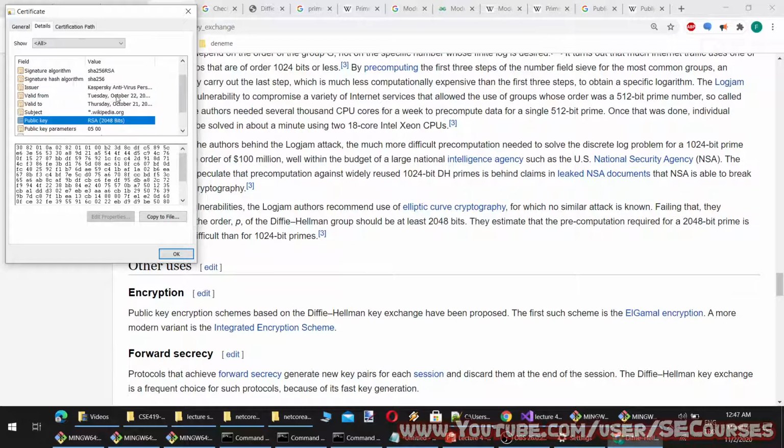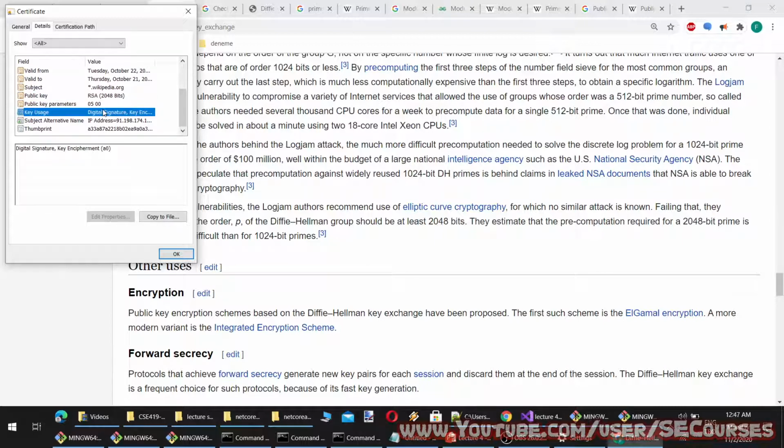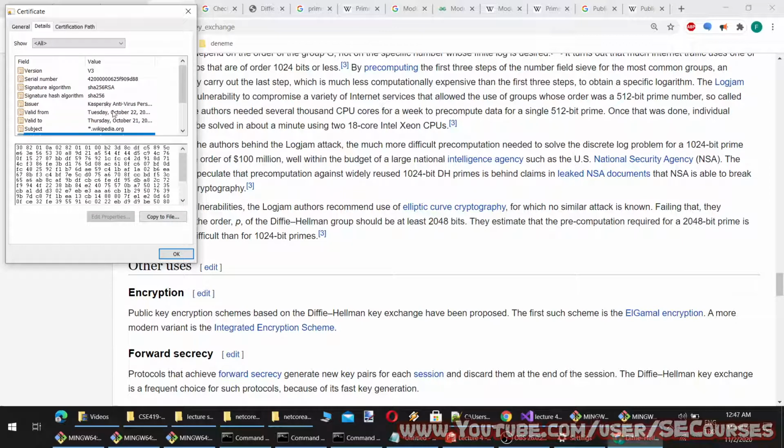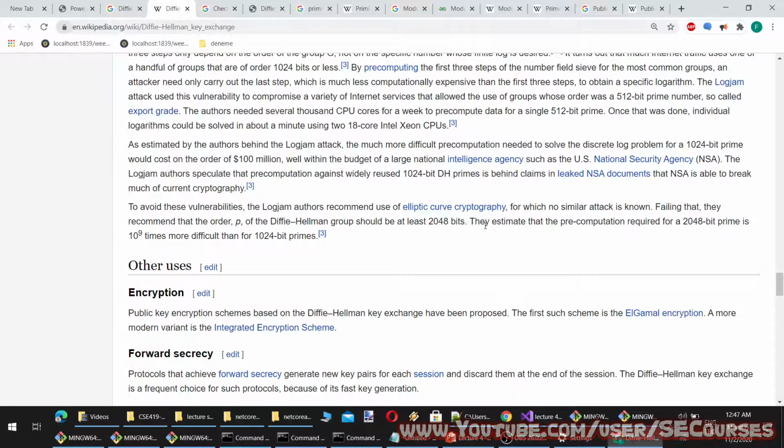Currently, my digital encryption is using 2048 bits public key parameters and digital encryption thumbprint. You see, this is how it works. So this is pretty secure. It uses 2048 bits.